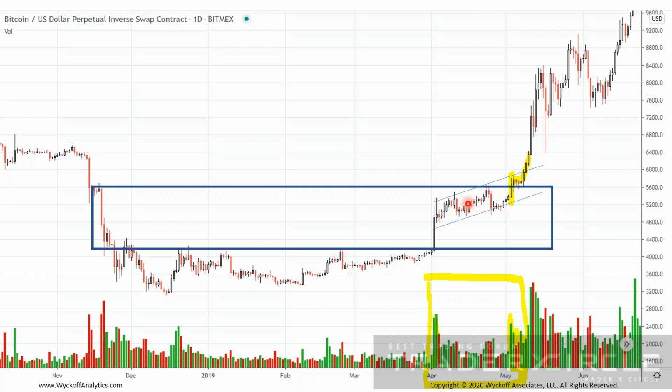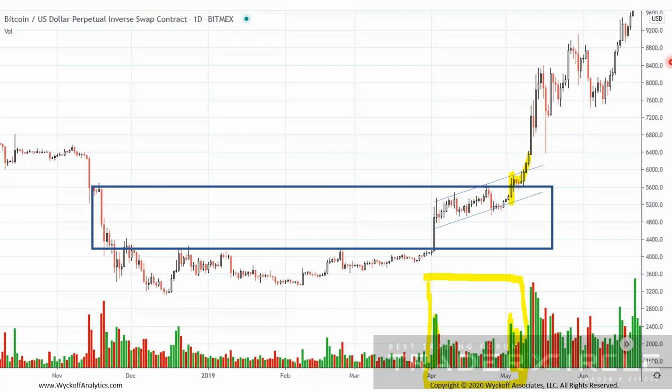Now please look at the area highlighted in yellow. What do you think about the volume, guys? There's an uptrend, so you know that this is not a distribution. But when you see this kind of high volume signature, do you think it's a distributional range?